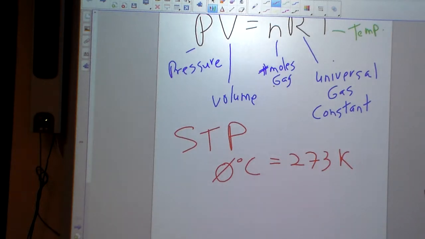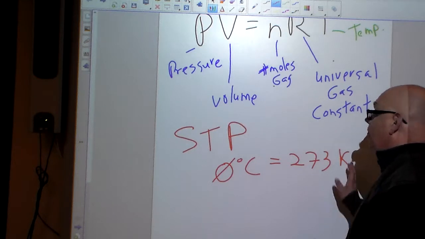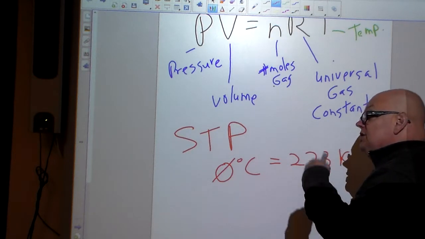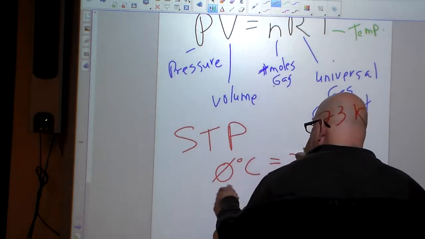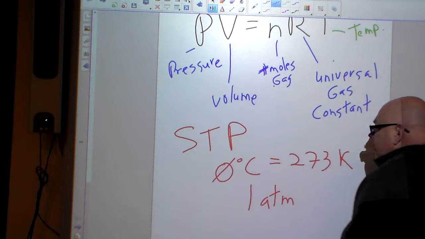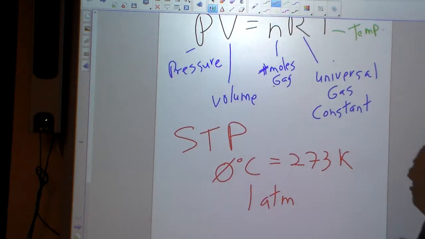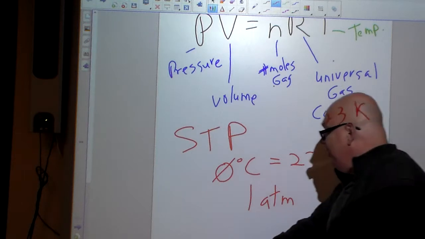The way that we convert from Celsius to Kelvin is adding 273. If we go backwards, from Kelvin to Celsius, we subtract 273. The standard pressure is 1 atmosphere. That is STP. This is what you would get at the beach.